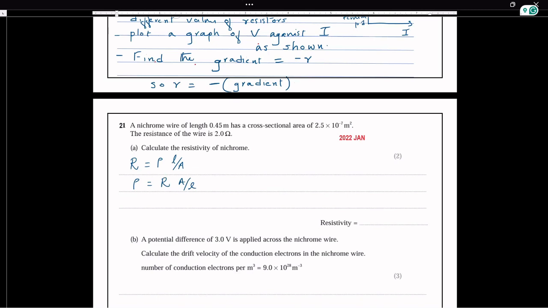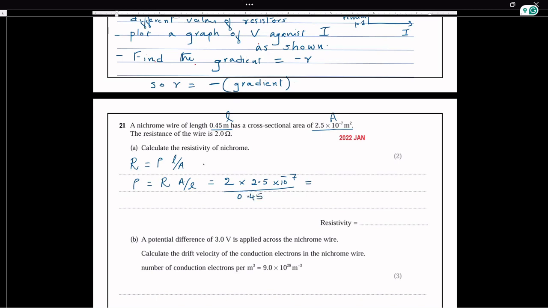Just substituting the numbers: the resistance is 2, and it has a length of 0.45 meters. This is L, and the cross-sectional area is directly given. So A is 2.5 times 10 to the power of negative 7, over the length 0.45 meters.